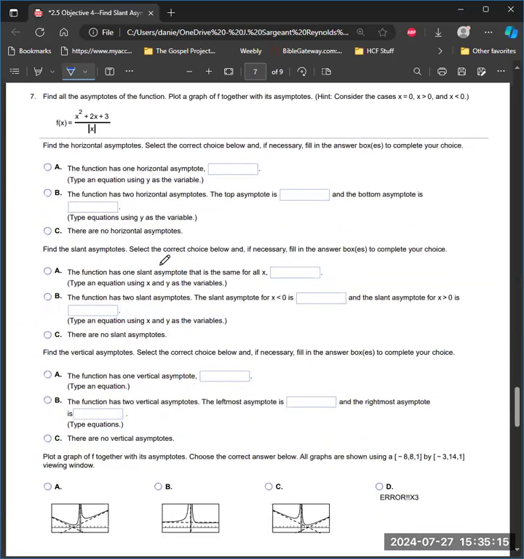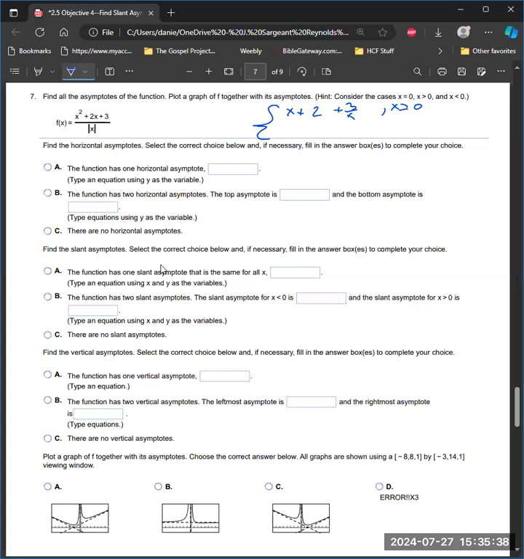And this function is, find all asymptotes. So this is the same thing as x plus 2 plus 3/x when x is greater than 0.